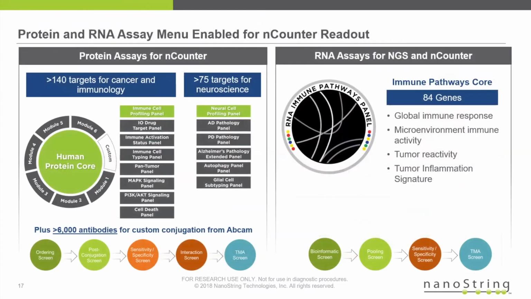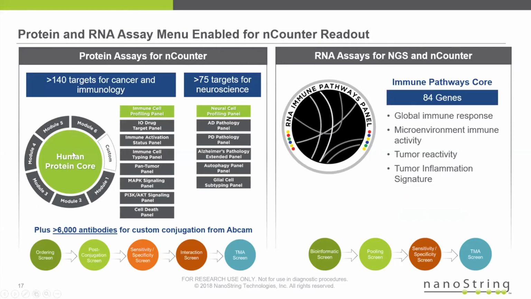Also, just to give you a brief slide on the protein side of things. So protein is read off of our nCounter platform. We have the most protein content available on the market. And how these work is that you'll select a human protein core. This is an immune cell profiling core, and this has housekeeping genes for normalization attached to it. In the center of it, this is a 20-plex core.